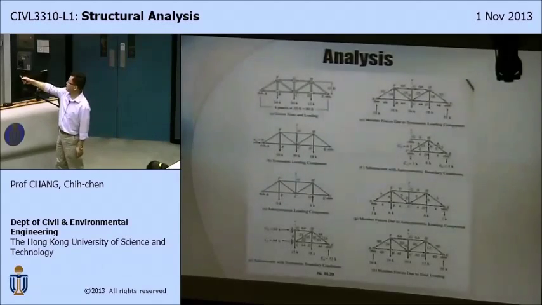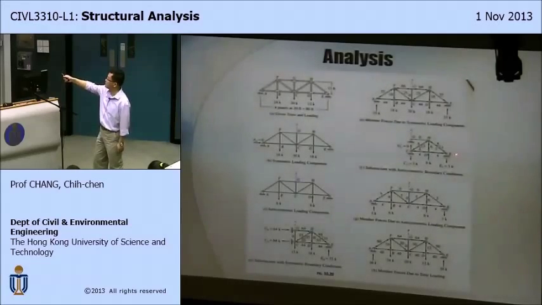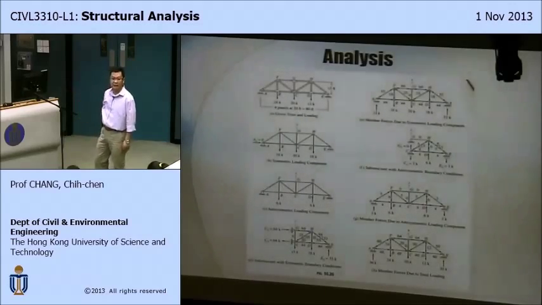Now, this is anti-symmetrical loads. For anti-symmetrical loads, you just cut the structure in half, and you anticipate that it's going to see some sort of roller, and vertically it's going to be constrained. So you do half of the analysis, and after you are done, you map it back as a mirror image, but with a negative sign.